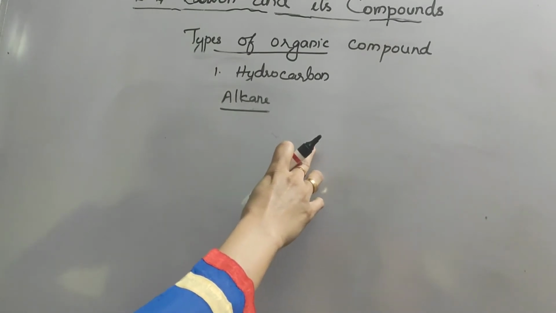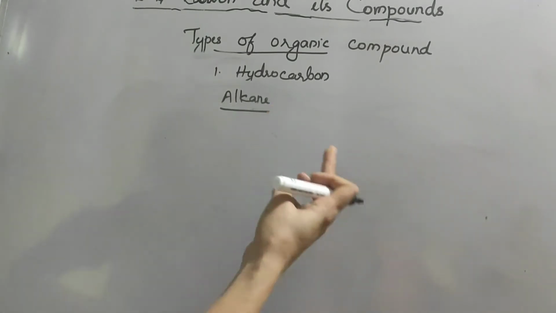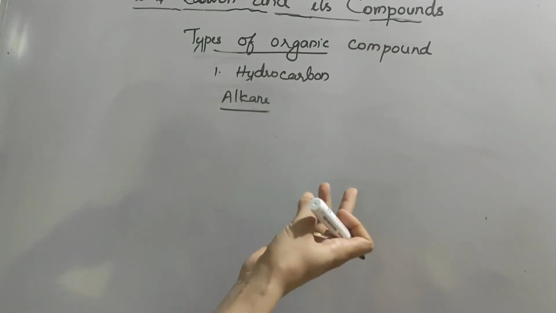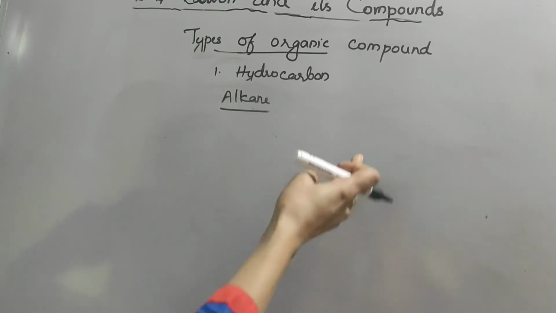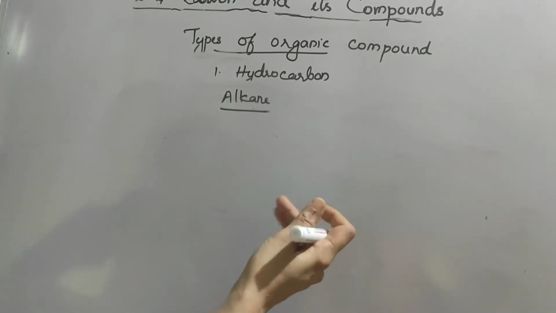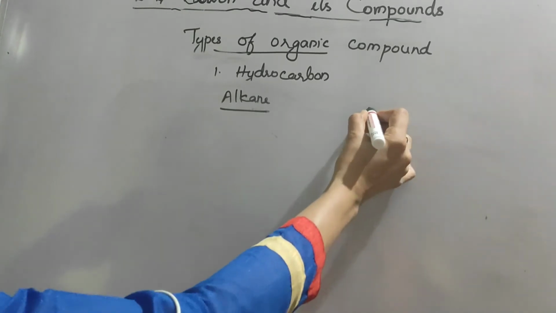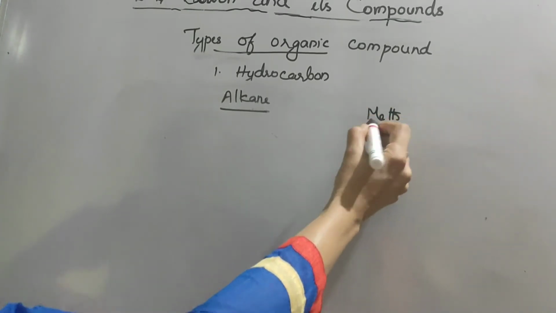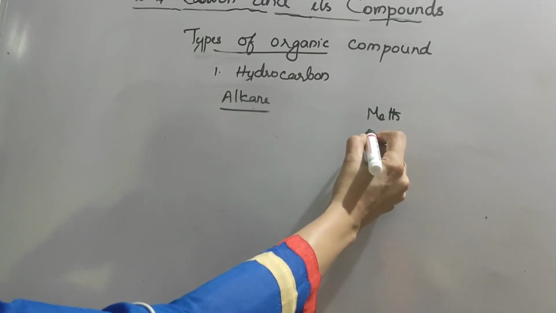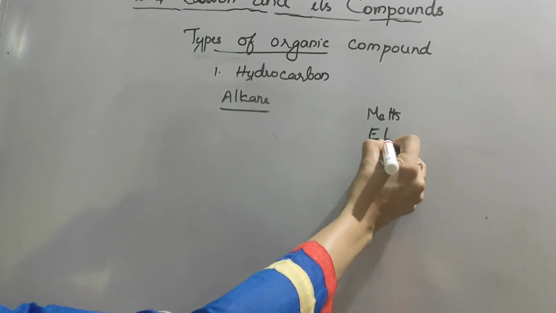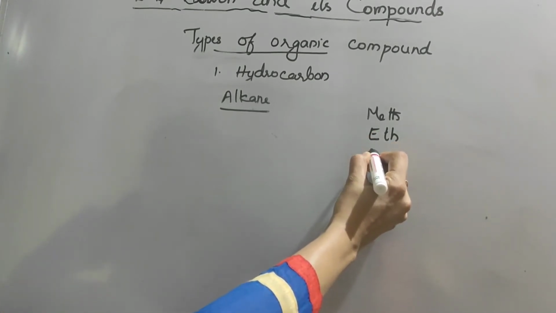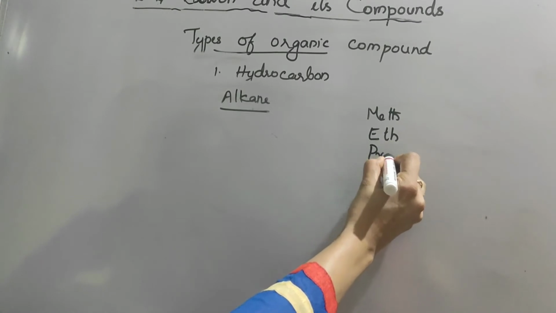The number of carbon atoms in a hydrocarbon or any other compound is indicated by using the following terms. One carbon atom, we write as meth. Two carbon atoms, eth. Three carbon atoms, prop.